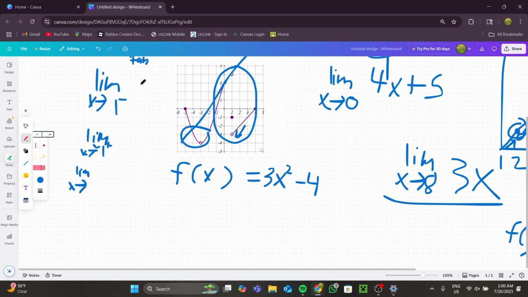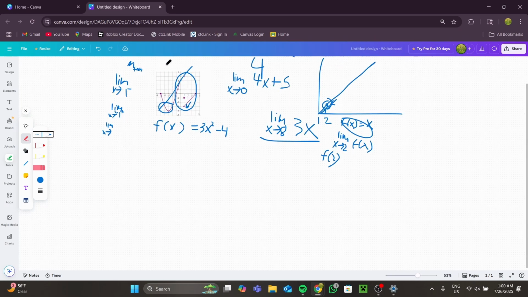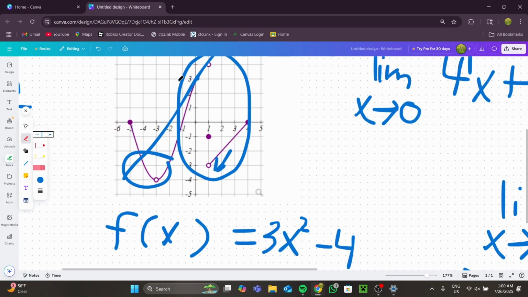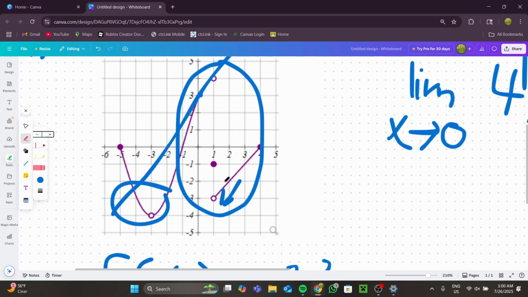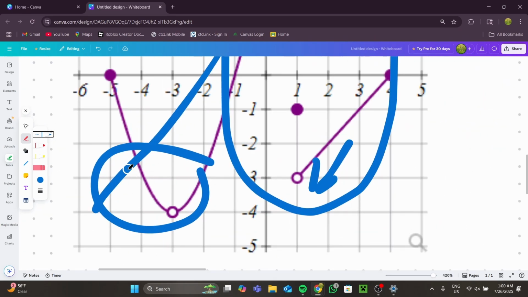To put that in perspective, we have this piecewise function right here. Okay, let's look at this. Notice this means f of x does not exist at that specific point. So f of x at this point wouldn't exist, but the limit would exist because we're still approaching a singular point.